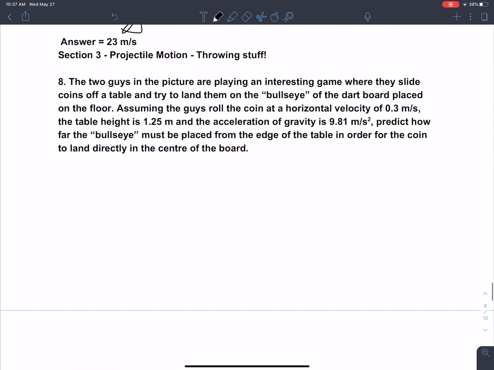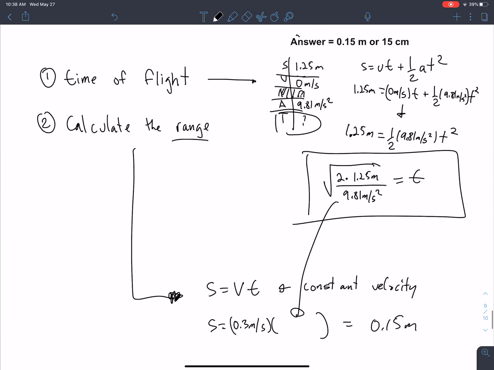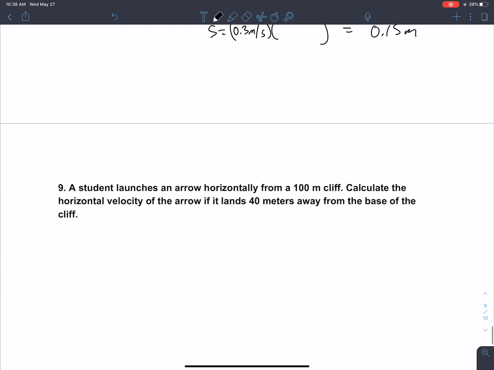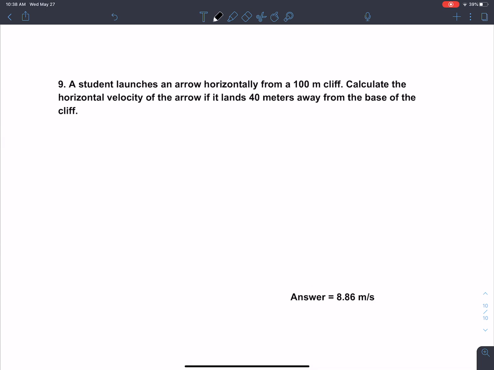This is a very important problem to know how to do, because I bet you it'll be somewhere on your exam. Then: a student launches an arrow horizontally from a 100-meter cliff. Calculate the horizontal velocity if the arrow lands 40 meters away from the base of the cliff. These are tough problems.